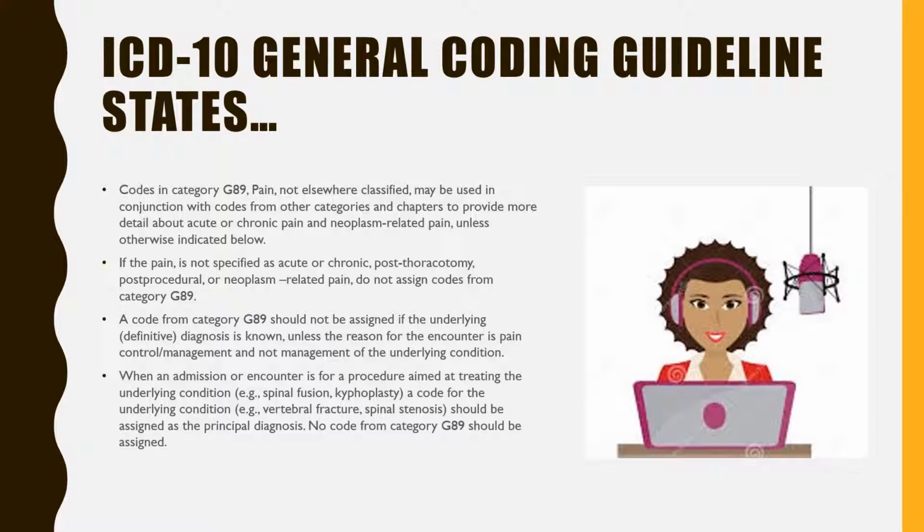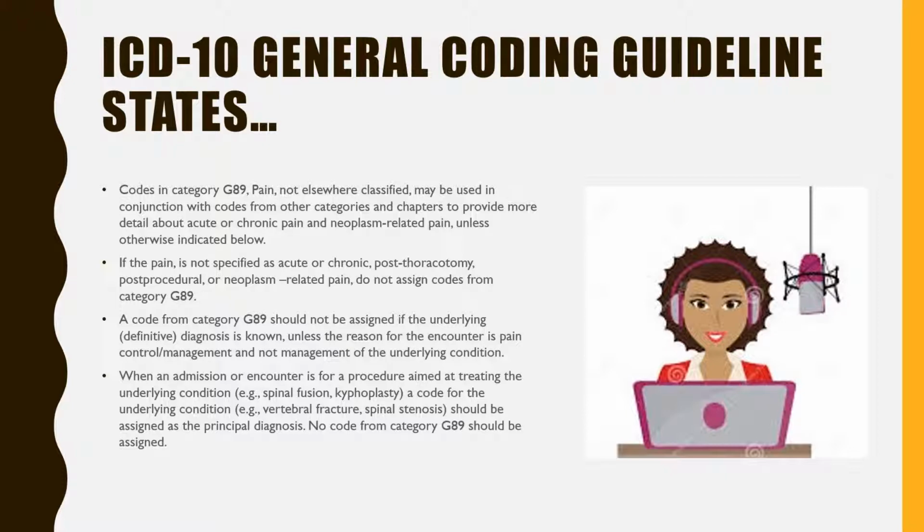If the pain is not specified as acute or chronic, post-thoracotomy, post-procedural, or neoplasm-related pain, do not assign codes from category G89. A code from category G89 should not be assigned if the underlying or definitive diagnosis is known, unless the reason for the encounter is pain control or pain management and not management of the underlying condition.